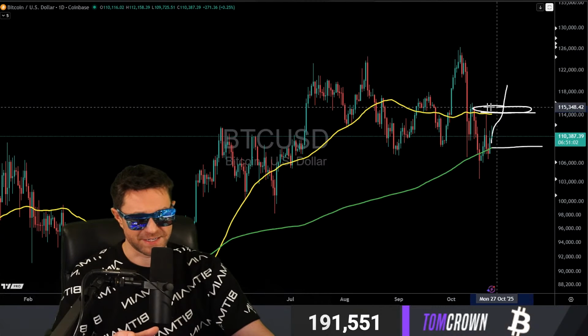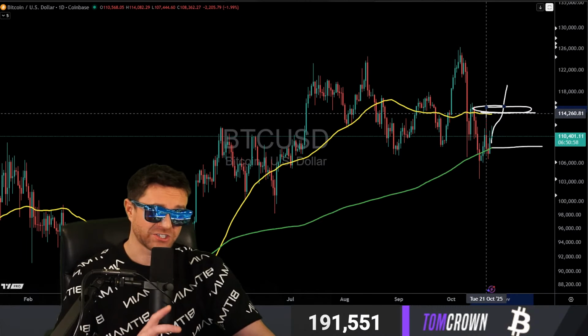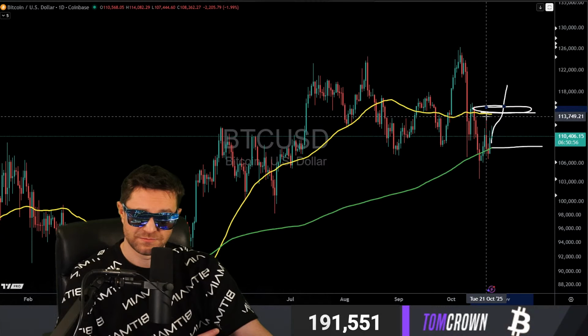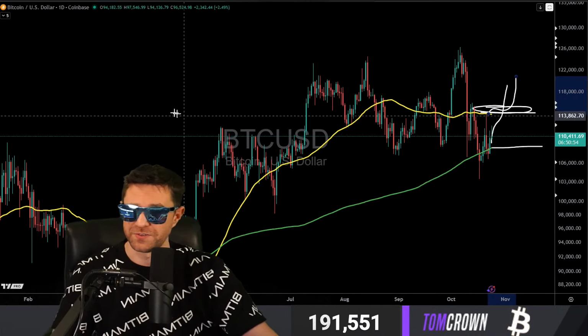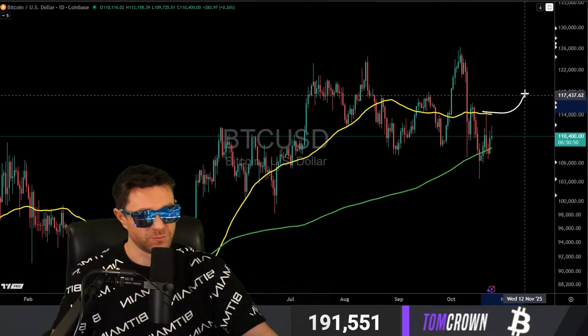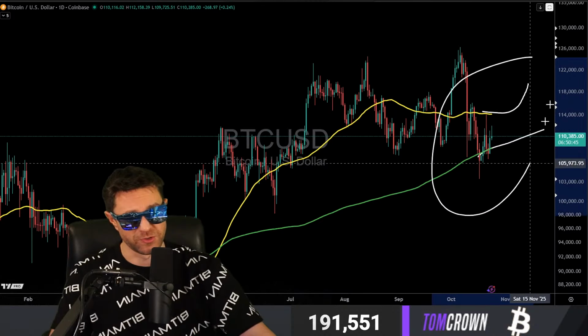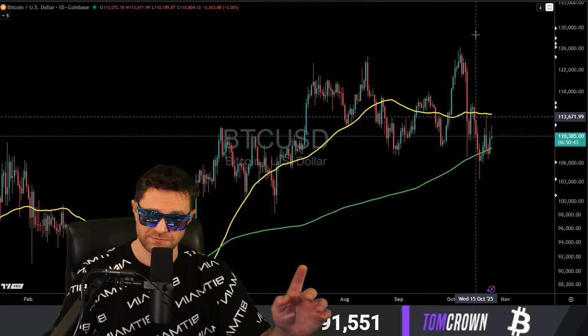If it can retake 114, 115 and hold there, this cross actually doesn't have to happen. If price can resume above the 50 daily moving average, that will slowly but surely pull this 50 moving average up, and as the 200 continues, we will not see them cross here.